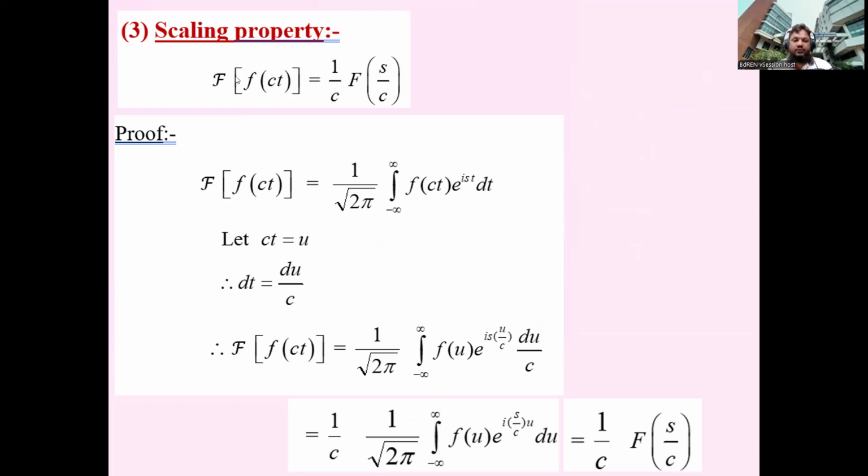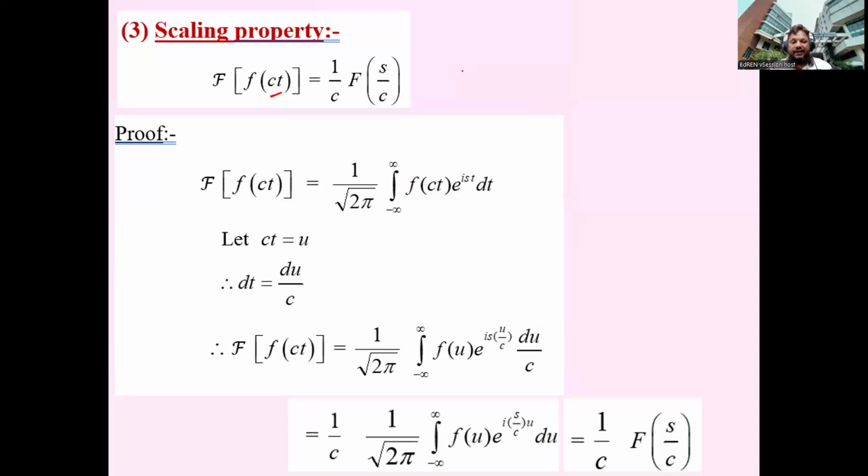So now it is the scaling property. It is also like in the Laplace transform. You see the Fourier transform of f of ct here, c of t. We can write, c is a constant, so we can write 1 by c f of s by c.